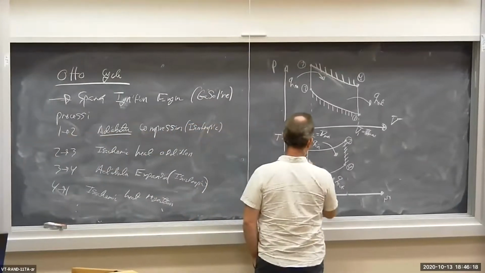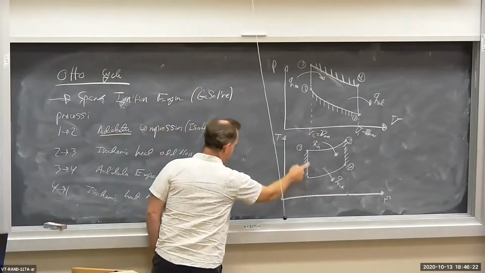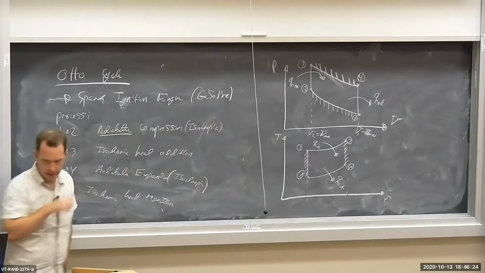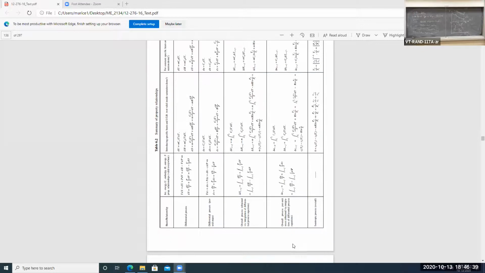Process 1 to 2 is isentropic, adiabatic reversible, therefore isentropic compression. If it's isentropic, I can use a property relationship here. Let's have a look. So isentropic process for constant specific heats, ideal gas.